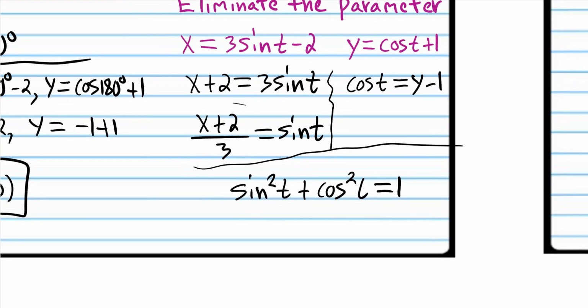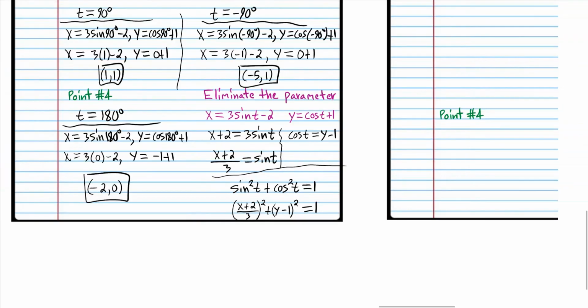Isn't it true that sine t is equal to this? So I'll just plug that in, x plus 2 over 3 squared. And isn't it true that cosine t is just y minus 1? So I'll plug that in.